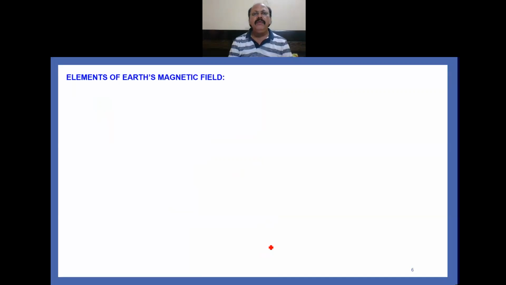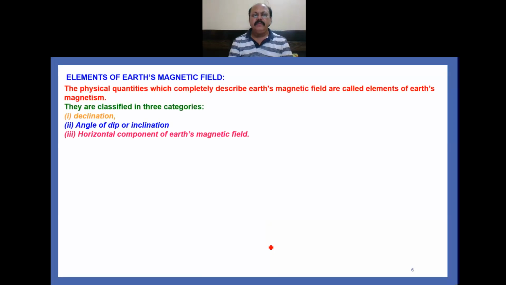Now how can we determine the Earth's magnetic field? That we define in terms of the magnetic elements of Earth's magnetic field. So elements of the Earth's magnetic field are basically the physical quantities which completely describe Earth's magnetic field.